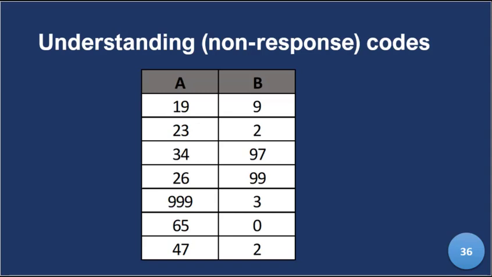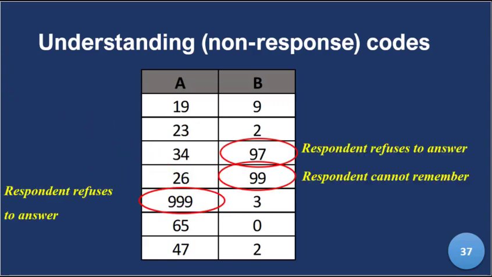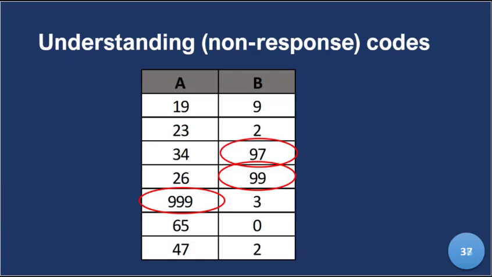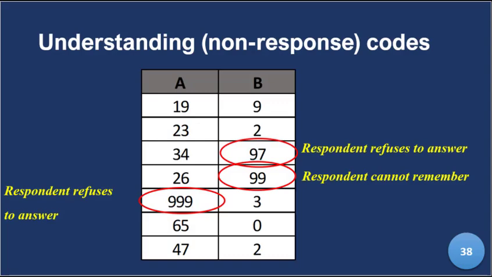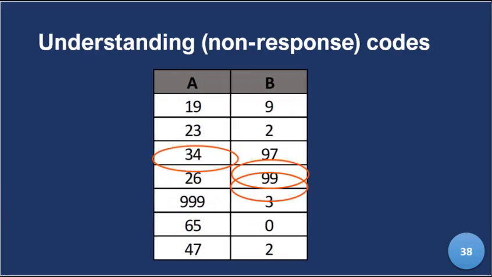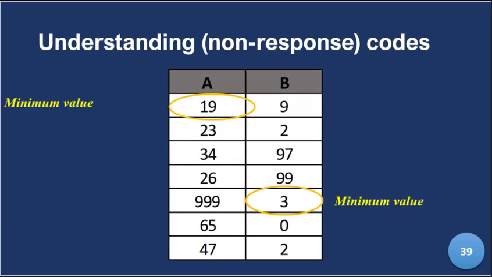Now we can see a 999 in A, which means the person refused to answer, and we can also see a code for cannot remember in question B. So the challenge, and this is why you always have to understand the context when you see numbers like this that are a bit large, is that if you forget to evaluate, you will not notice the problem.